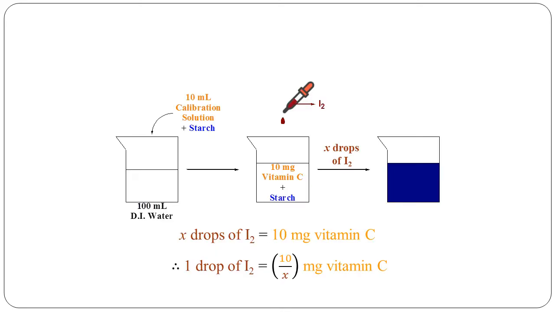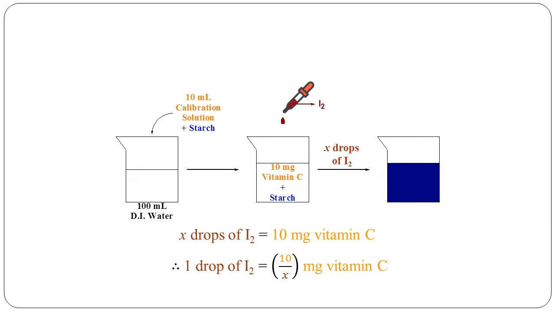Now let's continue to talk about the principle of the calibration process. The beaker on the left-hand side contains 100 ml of DI water. When 10 ml of calibration solution and starch indicator are added into the DI water to become the beaker in the middle, the beaker in the middle contains 10 mg of vitamin C, because we use 10 ml of calibration solution to make it.